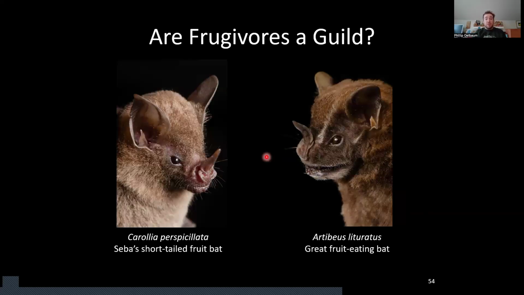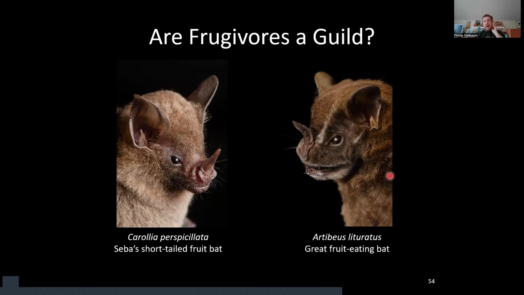These are two very common neotropical fruit bats, Carollia perspicillata and Artibeus lituratus. Both of these bats are well documented to eat a lot of insects as well, Carollia a little more so, but more and more people are finding evidence that these bats are eating insects. This is often unaccounted for, though, because of foraging mode.